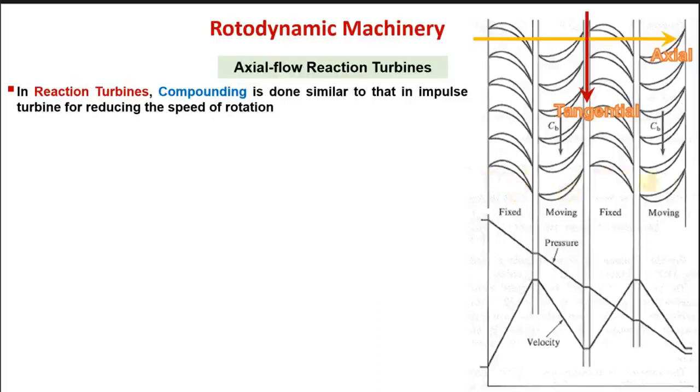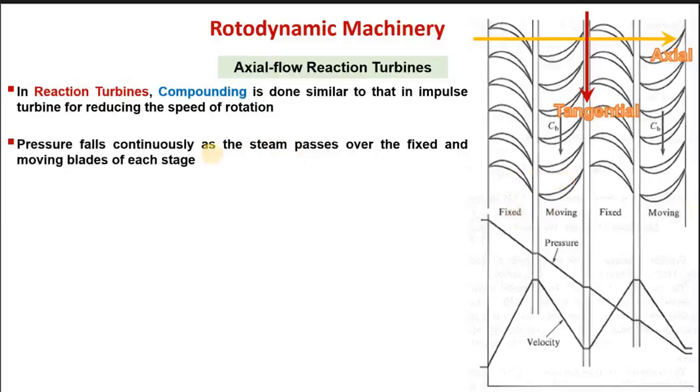It could be 3-stage, 4-stage, 5-stage, depending upon the particular design of a steam power plant or the amount of power which needs to be extracted. Because as the amount of power extracted increases, CB increases, but to keep the CB at a reasonable value, you increase the number of stages.